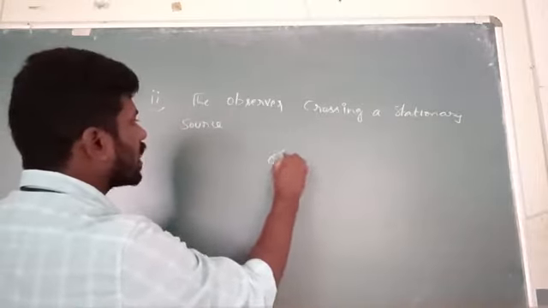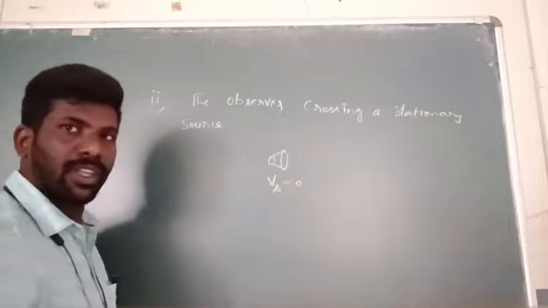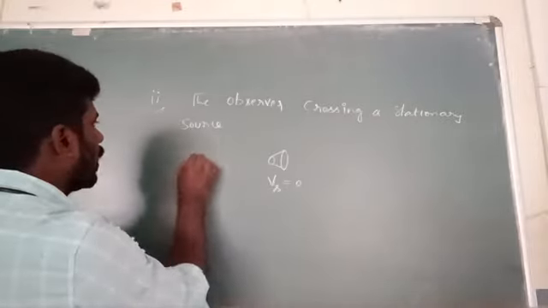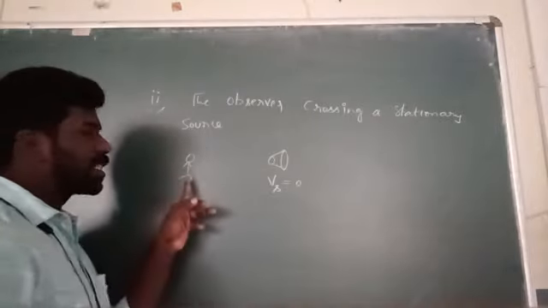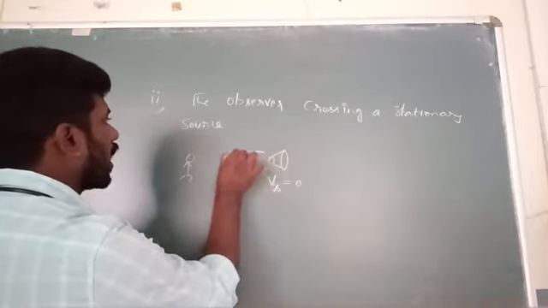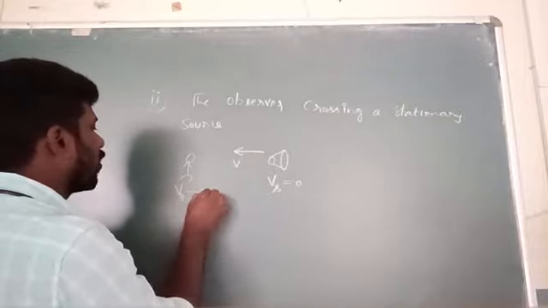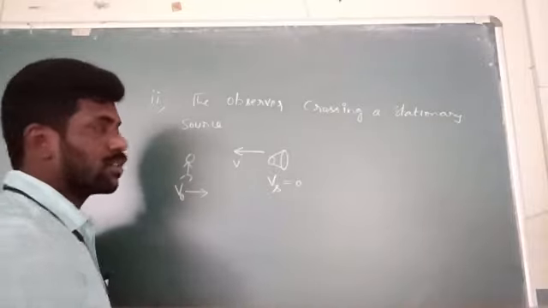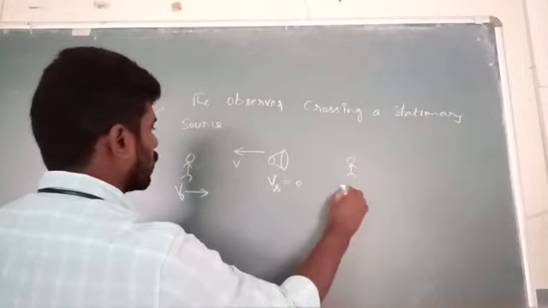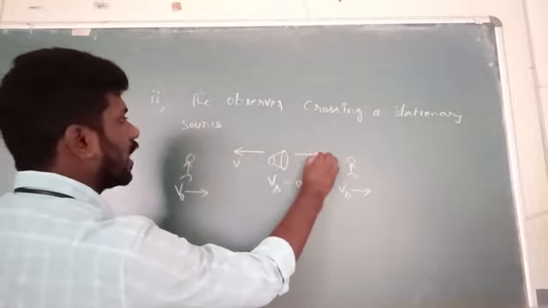Here the source is at rest, Vs equal to 0, but it produces a sound wave. The observer is moving towards the stationary source. The velocity of sound is always taken from source to observer. This is the direction of the observer towards the stationary source. After some time, the observer crosses the source. This is the direction of V0, and this is the direction of V.